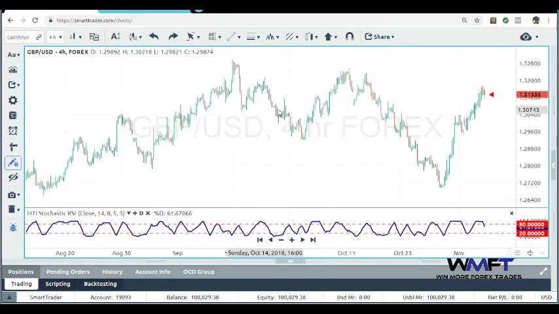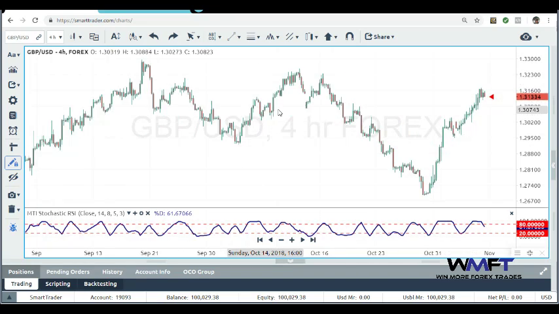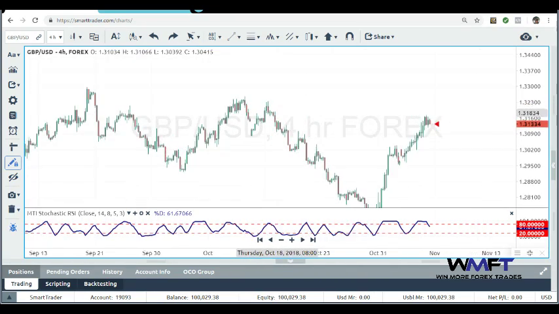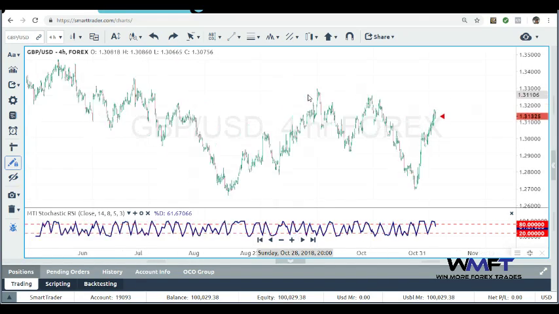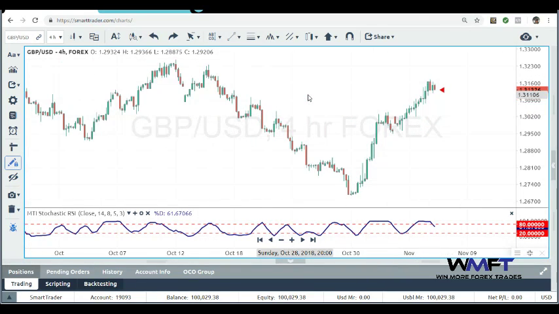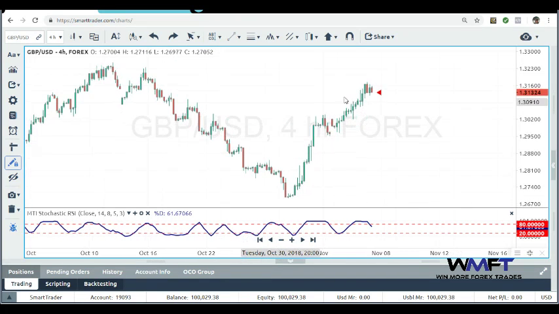So we'll go to the 4 hour chart, and we will take our most recent wave movement here. We just focus on the most recent move. I think I froze up a little bit. Okay, there we go.